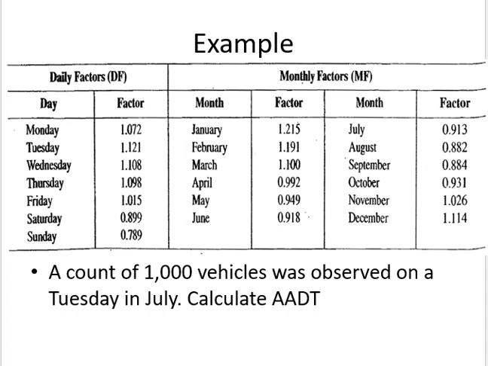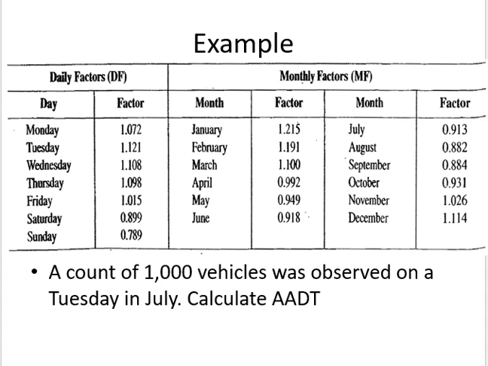The first two columns are adjustment factors for each day, and the remaining columns are for each month. Then in the same network, where these adjustment factors are applied, I have a count which is taken on one day only, and that is 1000. In that one day 1000 vehicles were observed.